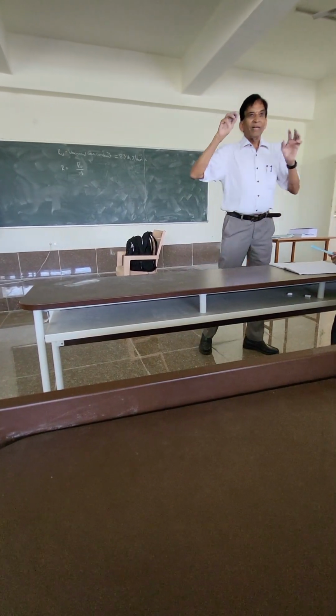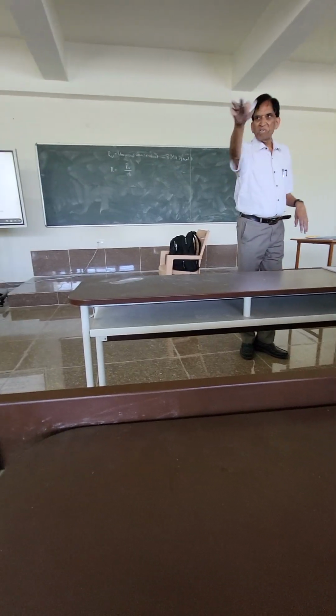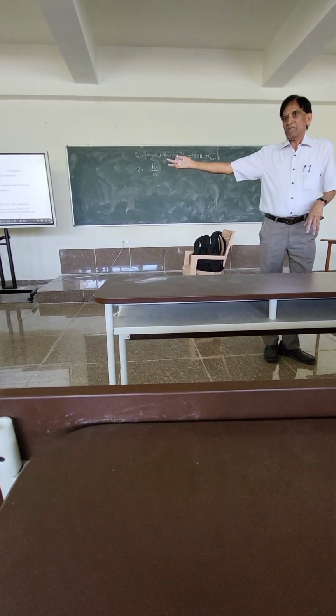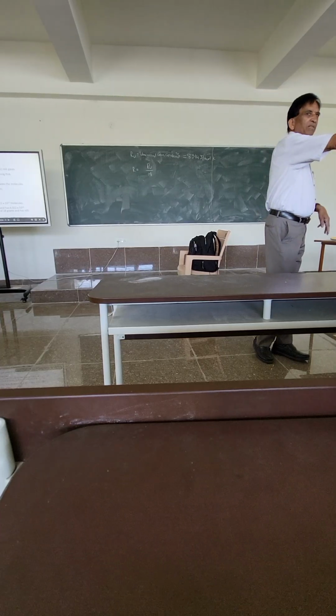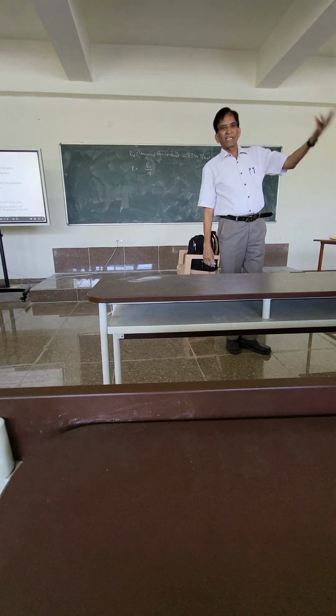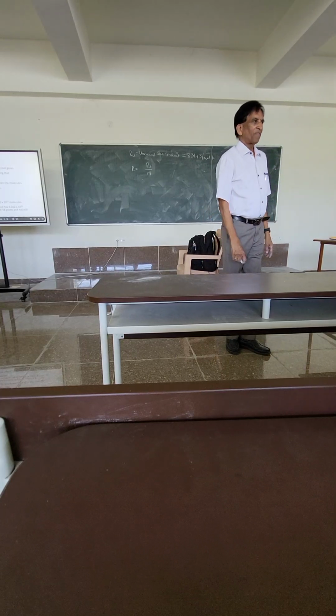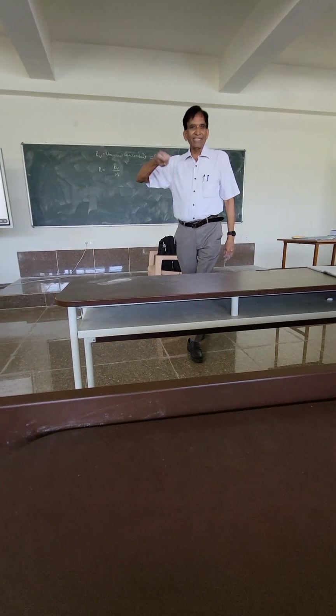If you take this room, let me say it is about 15 meters by 10 meters, 150 times about 4 meters, 600 cubic meters, that is the number of molecules of air it has got.